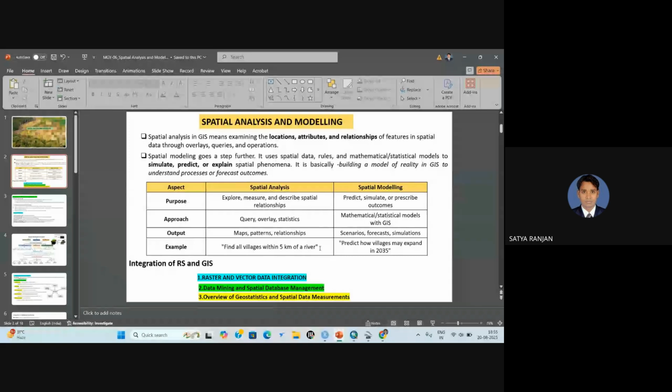Then spatial modeling predicts how a village may expand in 2035. It is based on the sprawl or growth of the development of the village due to different factors.